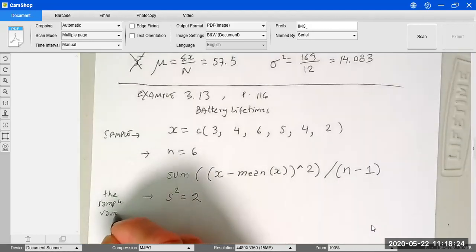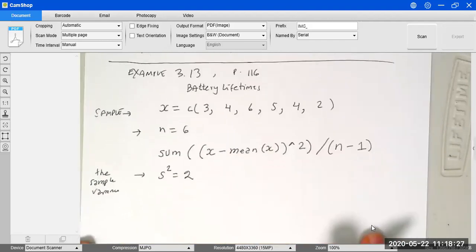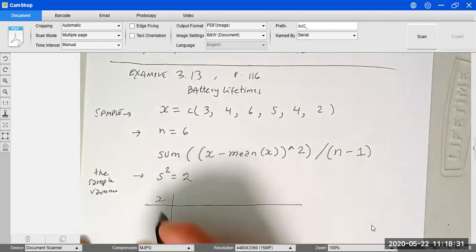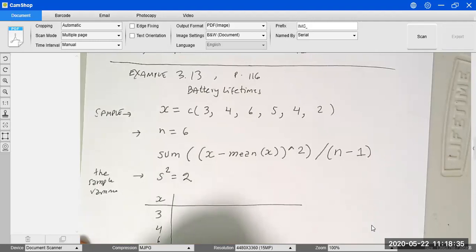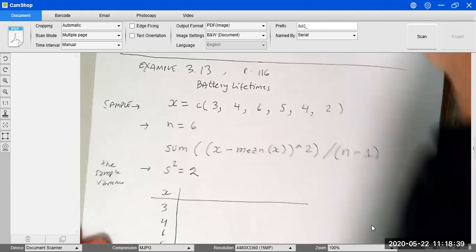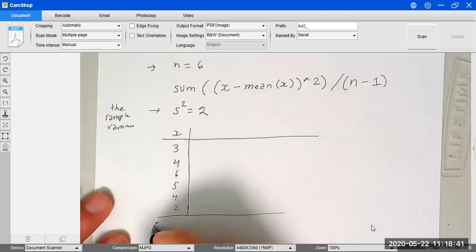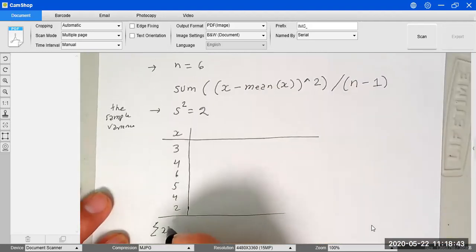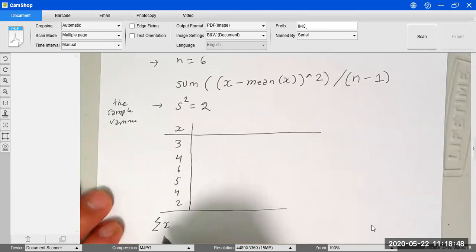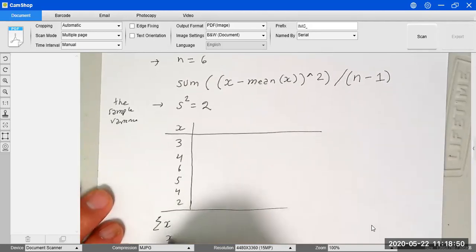variance. And again, if you want to do this problem by hand, you need to have your table. You have x, you write vertically the 6 values, then you get the sum of these values, the sum of x, and you divide that by n to get the mean.